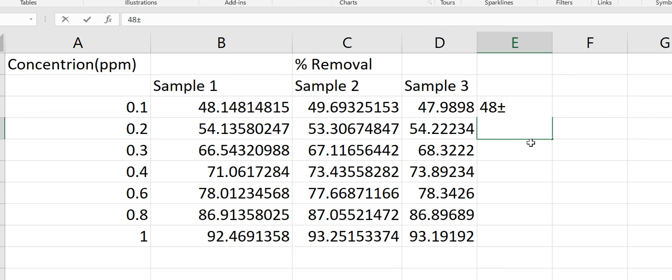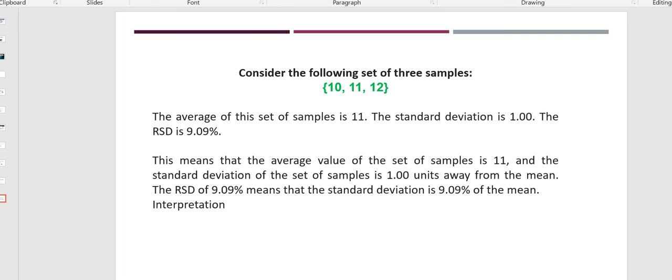So plus minus 1, I write in this form: 48 plus minus 1. So it means that our result may be 47 or 49, 1 point less than this value or 1 point greater than this value. So from the standard deviation we come to this analysis.